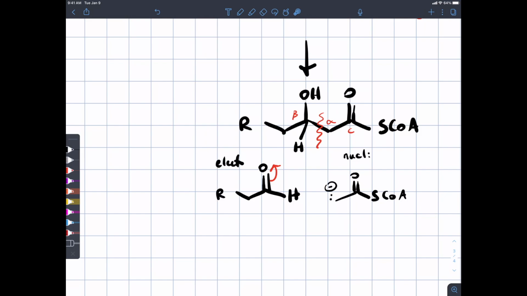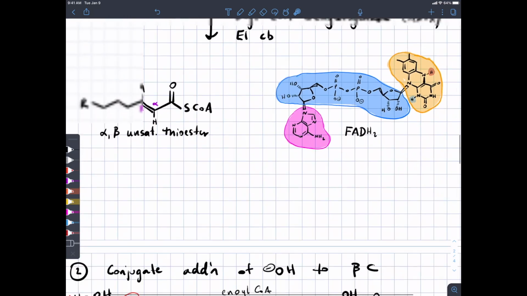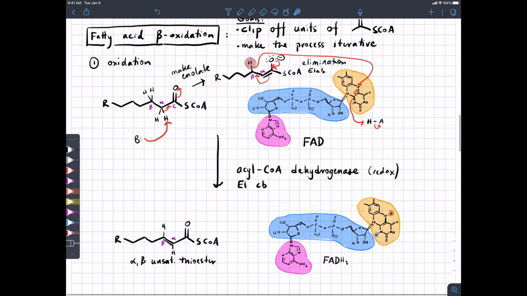Nature's very efficient, and we don't want to have extra enzymes if we don't need them. It would be really nice if we had a thioester here instead of an aldehyde, because then this could go right straight back to step 1, thioester oxidation, without needing a separate type of enzyme.